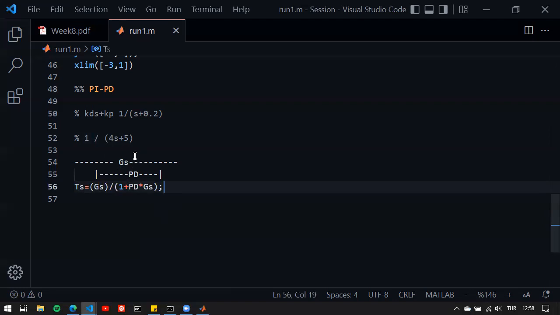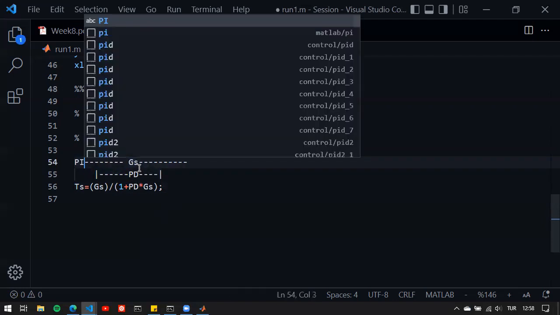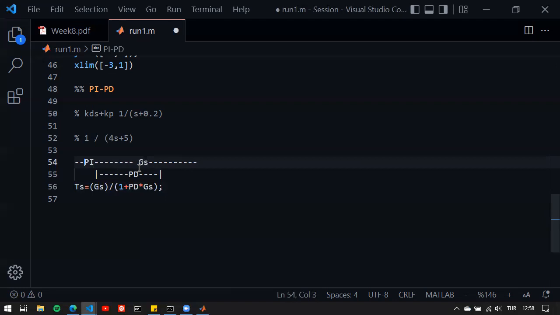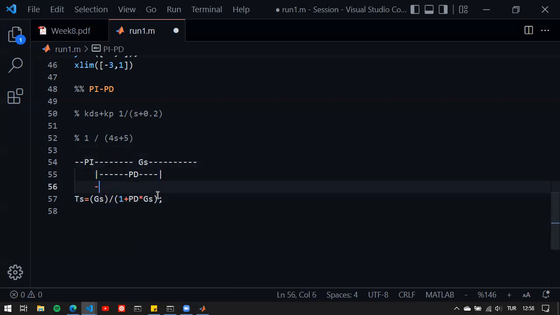Basically, this approach can be applied to the PID controller too. You can take the PD part, place it in a feedback loop, and use this as a plant for the PI controller, and build another loop. So we have another loop, an outer loop here, like this.